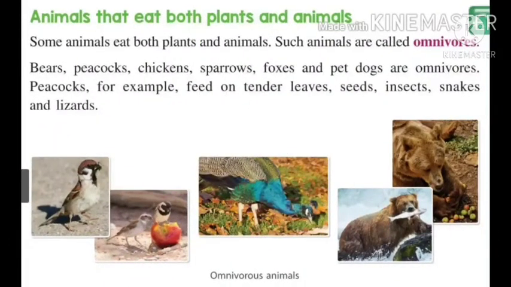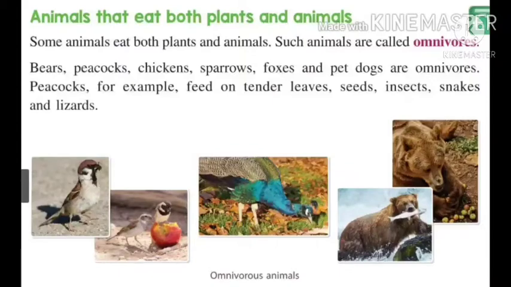Now we will talk about the animals that eat both plants and animals, meaning omnivores. And about carnivores we will talk in the next class. Some animals eat both plants and animals. Such animals are called omnivores.